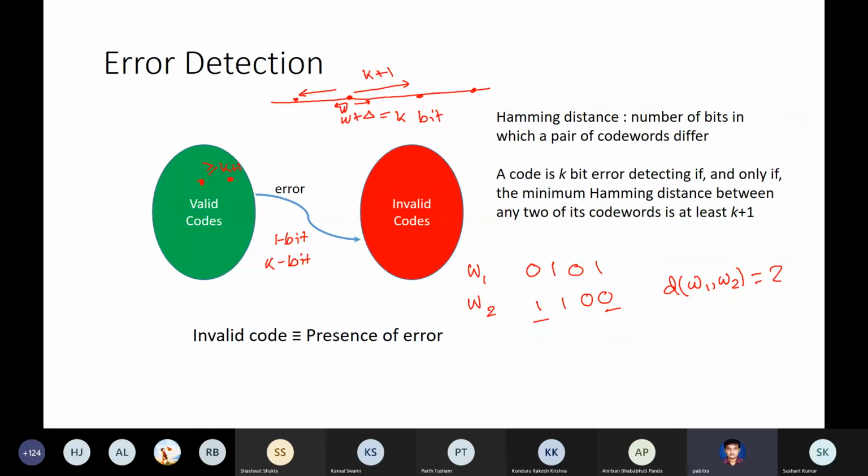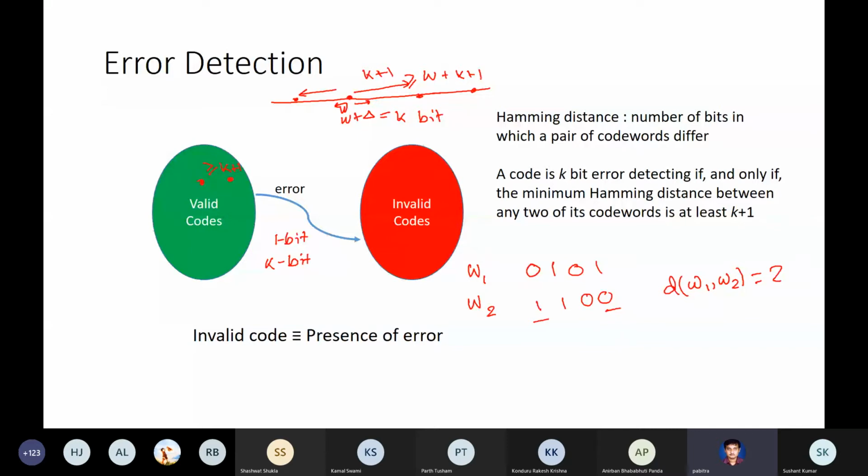Because otherwise, if delta is k bits and the nearest code words are less than k plus 1 bits apart, this W plus delta may as well be a valid code word. So our scheme of valid and invalid detection fails.